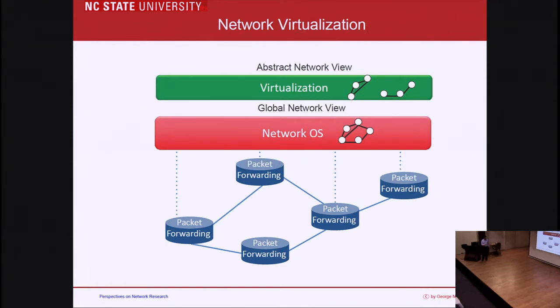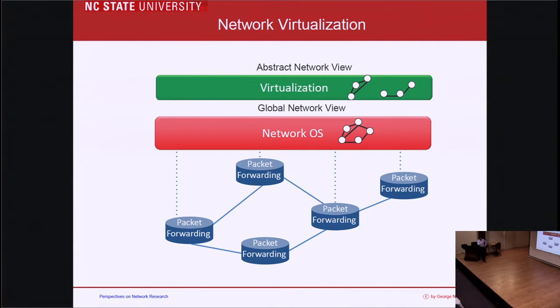And then the other thing is that SDN is also very important for virtualization. The reason is virtualization is just another module that can be sitting on top of the controller. And so if you want to say, okay, here's my network and I want to get resources from it and build a virtual network, you can describe that in the virtualization layer here and have the network OS operate.